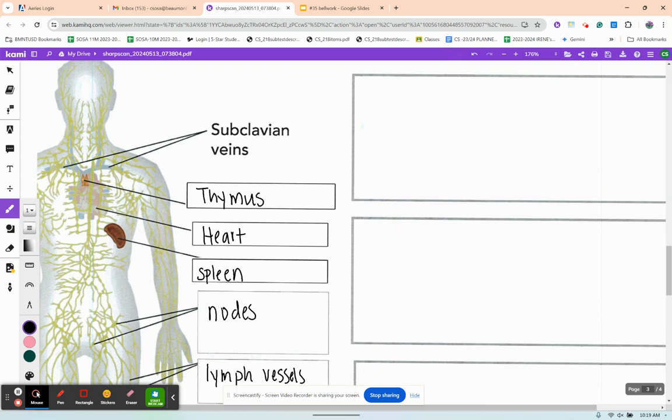So pretty much through the lymphatic system, organs connect the lymph. So like the spleen, the thymus, and the nodes pretty much collect the lymph, and they screen for microorganisms, and then they return that back to the circulatory system.